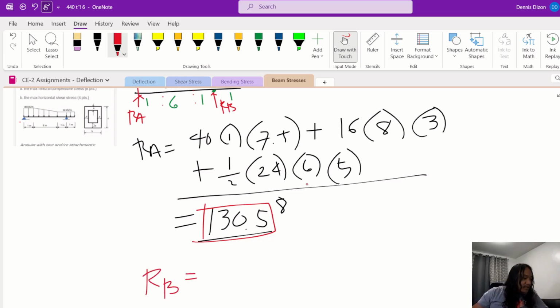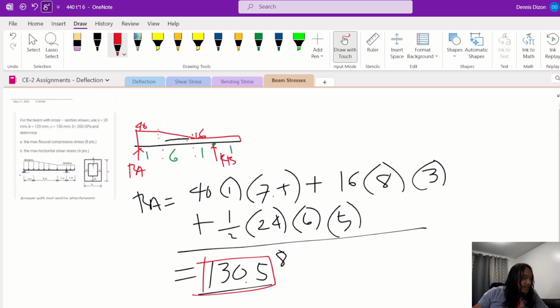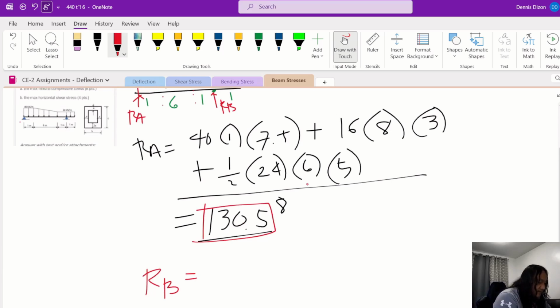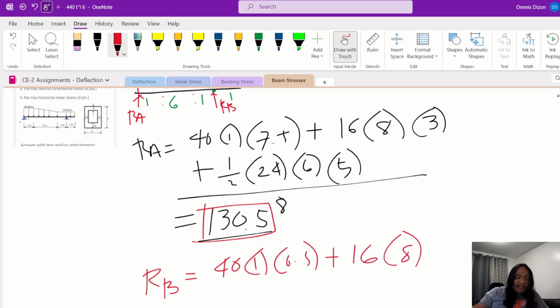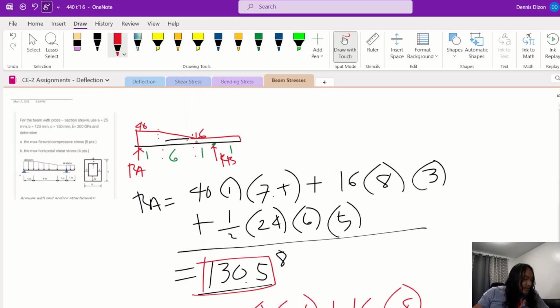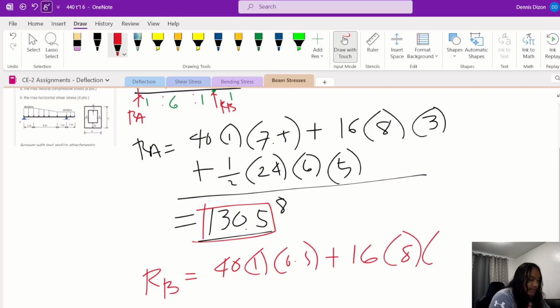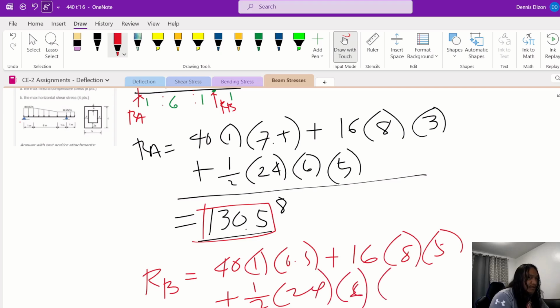therefore RB is equal to 40 times 1 times 0.5, and then plus we have the 16 times 8, and the moment arm is 4 plus 1, times 5, and then plus the triangular load, which is 1/2 of 24 times 6, times 1/3 of 6, which is 2 plus 1 is 3, then divided by 8.